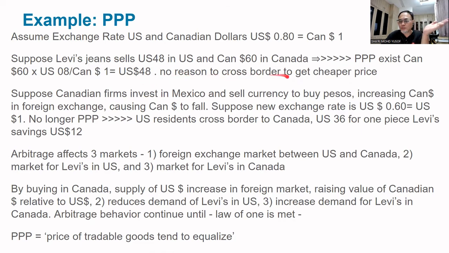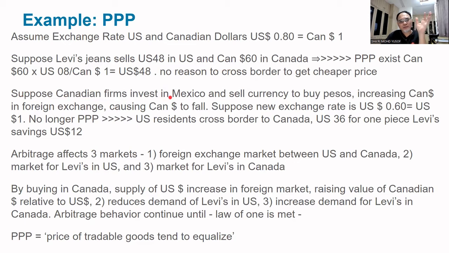So there is no reason to cross the border to get the cheaper price. I don't have to go to the border, the nearest city, Toronto, to buy these trousers, or the Levi's.